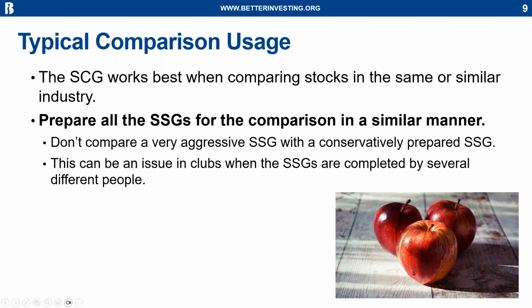So if you can caution people ahead of time to be conservative, or make the group smaller that is doing the SSG work, so you get the comparisons prepared in a similar manner.